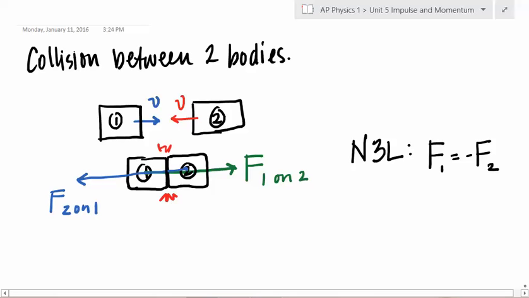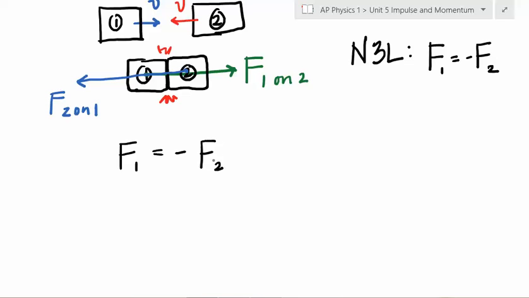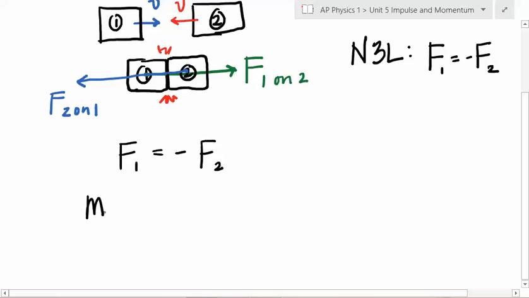Now, if that is true, and I take this idea that the force of 1 is equal but opposite to the force on 2, and if that is the only force acting in the horizontal direction during the collision, so we're on a frictionless icy surface, then mass 1 will have an acceleration and mass 2 will have an acceleration.